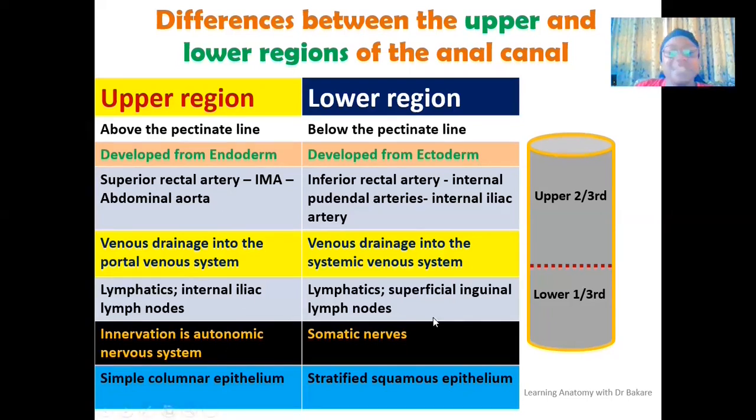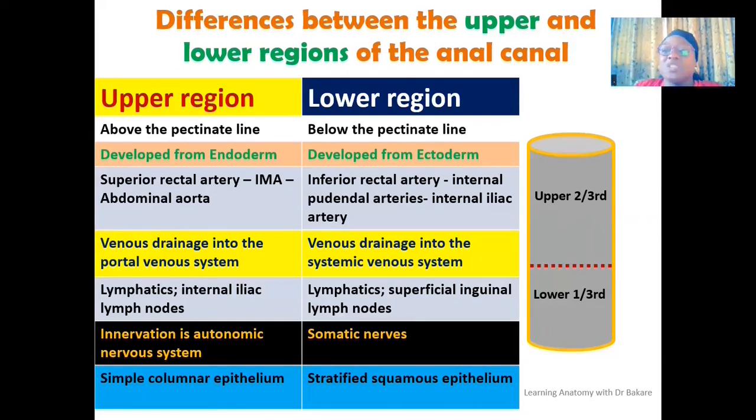Then the next difference is the venous drainage. The venous drainage of the upper two-third is into the portal venous system, while the venous drainage of the lower one-third is into the systemic venous system. Then going to the lymphatics, the lymphatic drainage of the upper two-third is through the internal iliac lymph nodes, while the lymphatic drainage of the lower one-third is through the superficial inguinal lymph nodes.